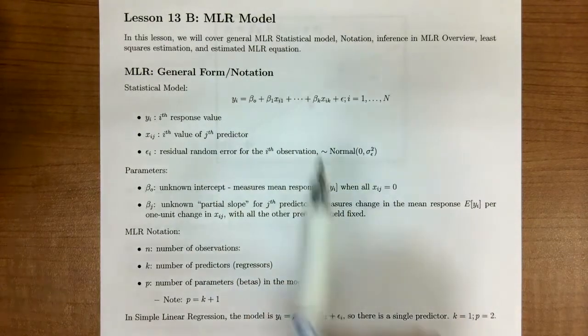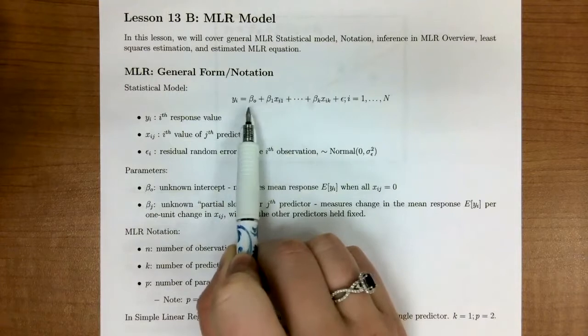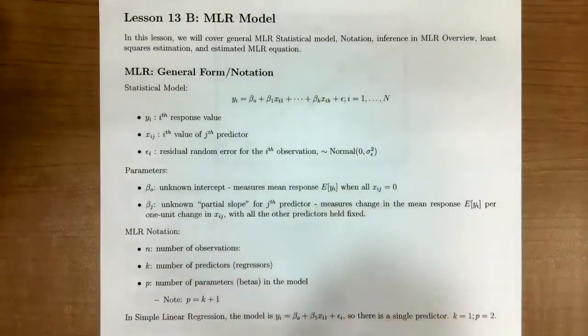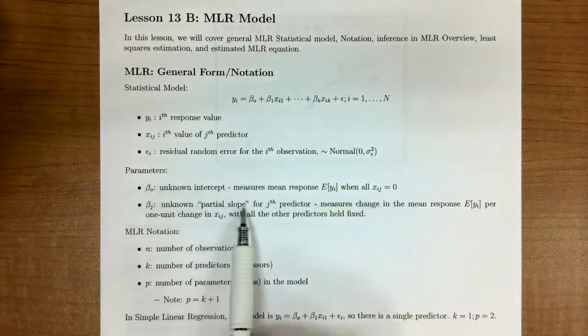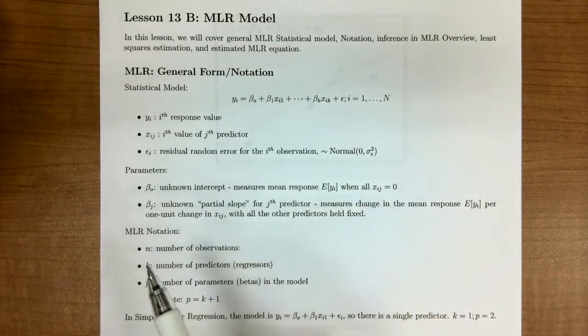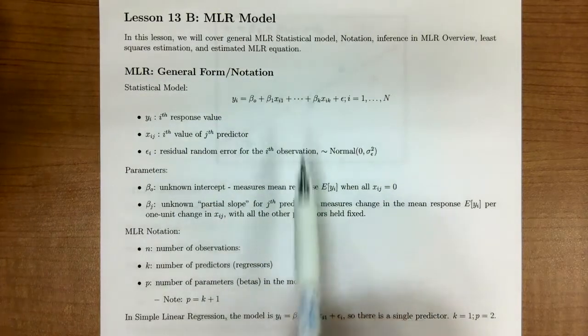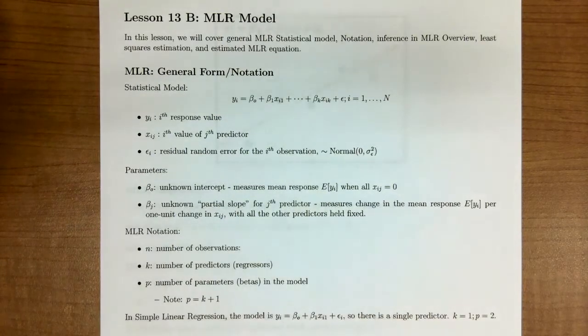Next, we'll look at these betas. Beta 1 through beta k are known as our partial slopes. This measures the change in the response for 1 unit of that specific x when we hold everything else fixed. So what this is saying is, what is going to happen to y when we change x, given that we hold all the other variables fixed?